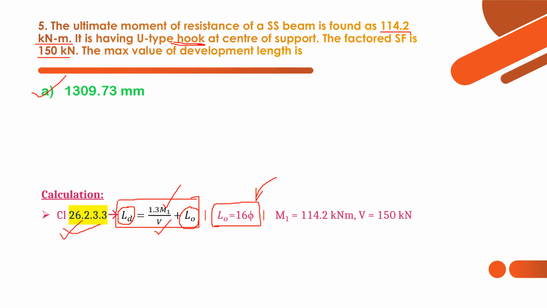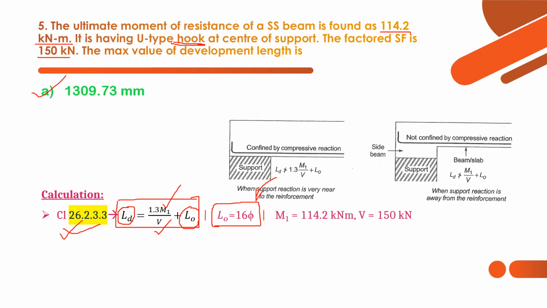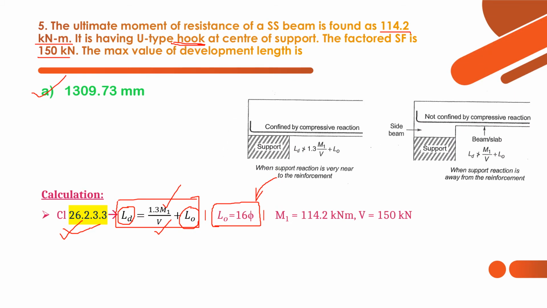This is based on clause number 26.2.3.3. LD is equal to 1.3 M1 by V plus L naught. L naught is nothing but the anchorage length for hook. For hook, L naught is 16 times the diameter of bar. Here you can visualize what the development length is. In case of a support giving compression confined by compressive reaction, the development length shall not be greater than 1.3 into M1 by V plus L naught.